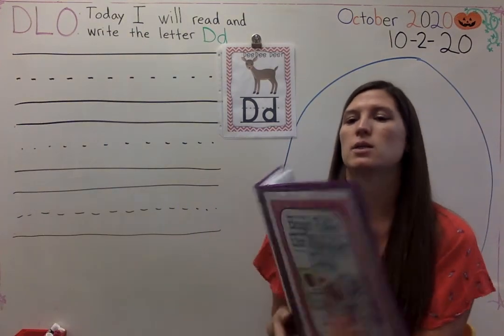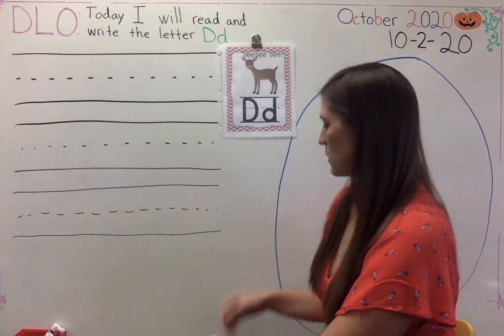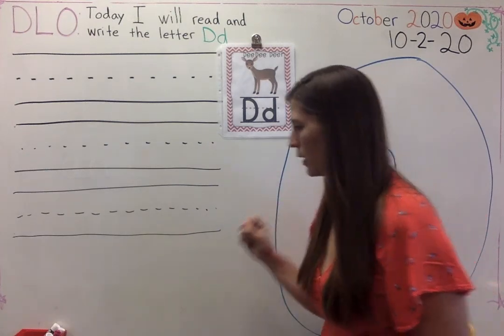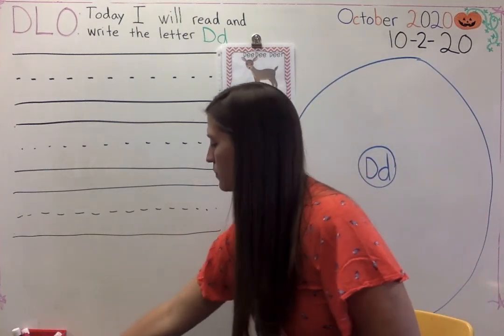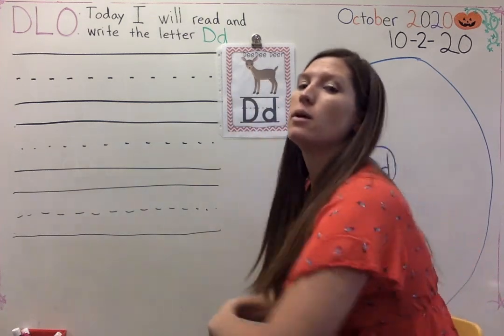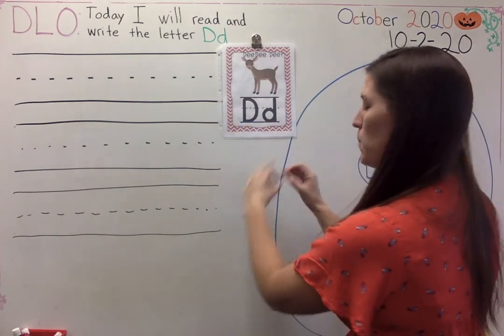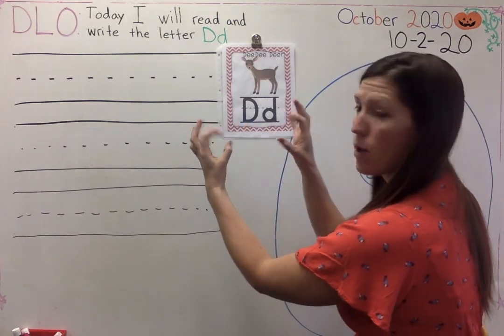All right, let's do D for D, dear. Where's my marker? There it is. I just want to review our lowercase d. Last time we made our bed. So put your arms up in front of you, your pointer finger and your thumbs.